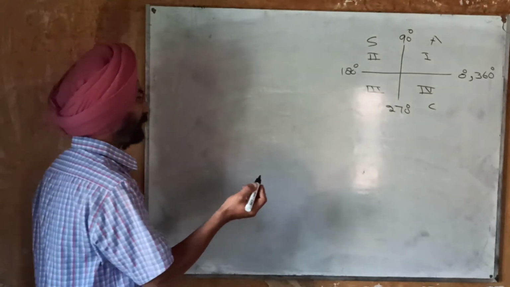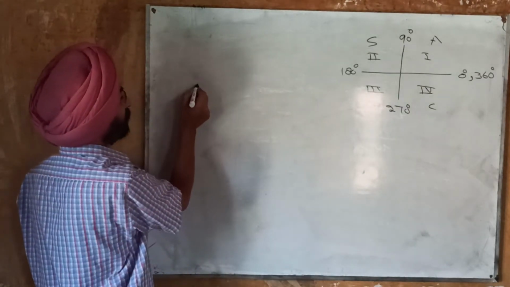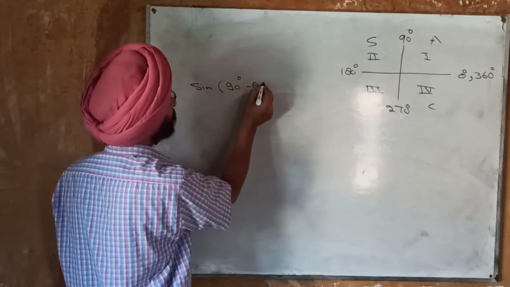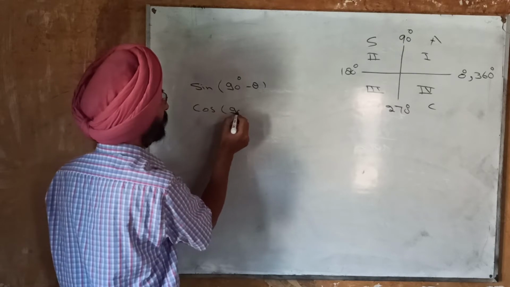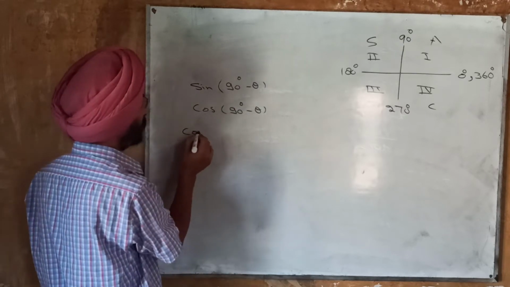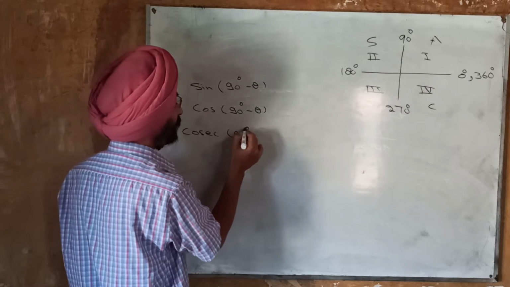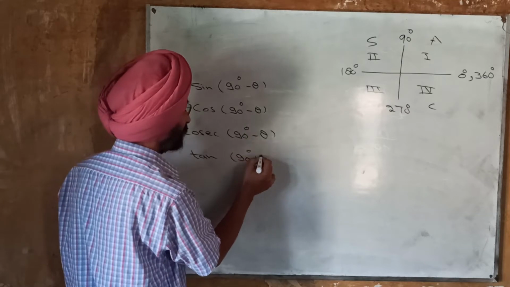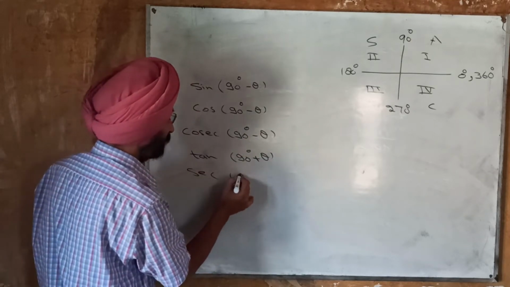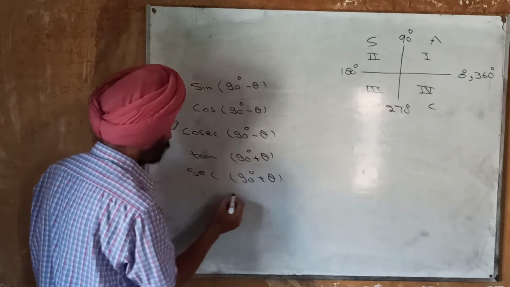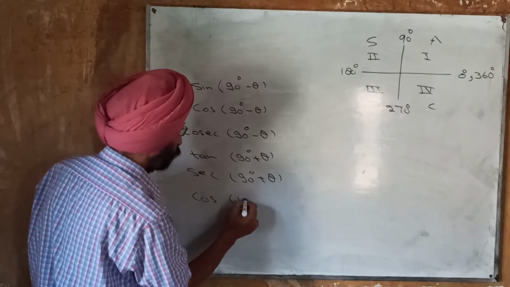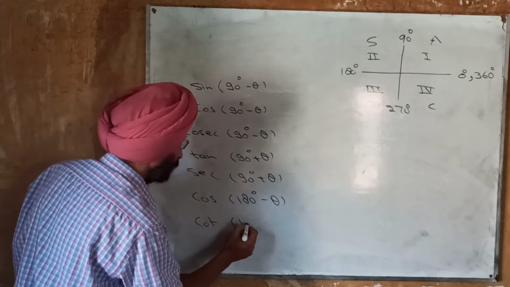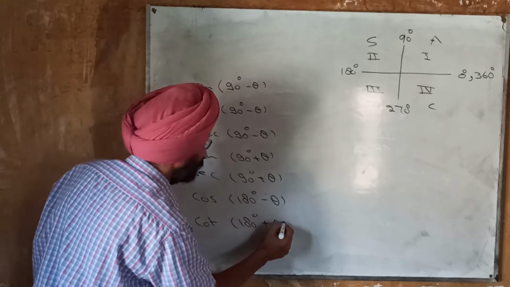Now, if you want to find some values, suppose I am writing some of the trigonometric functions like sine 90 minus theta, cos 90 minus theta, cosecant 90 minus theta, tan 90 plus theta, secant 90 plus theta, cos 180 minus theta, cot 180 plus theta.